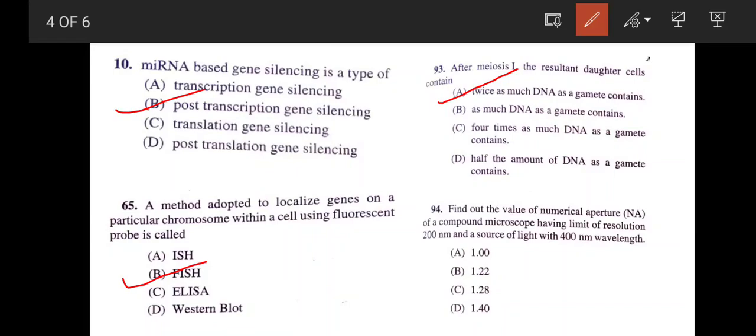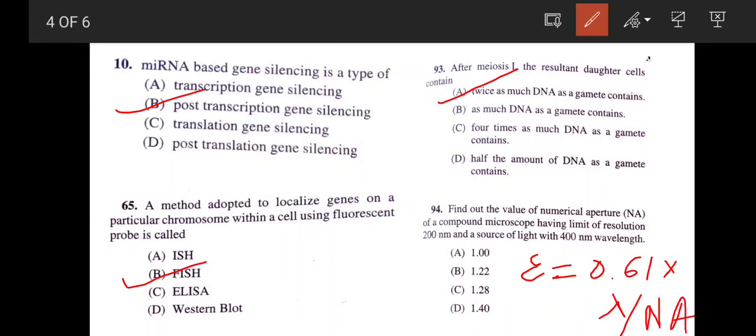Next question, find out the numerical aperture of a compound microscope having limit of resolution 200 nanometer and source of light with 400 nanometer wavelength. We know the formula of resolution, that is epsilon equal to 0.61 into lambda by numerical aperture.